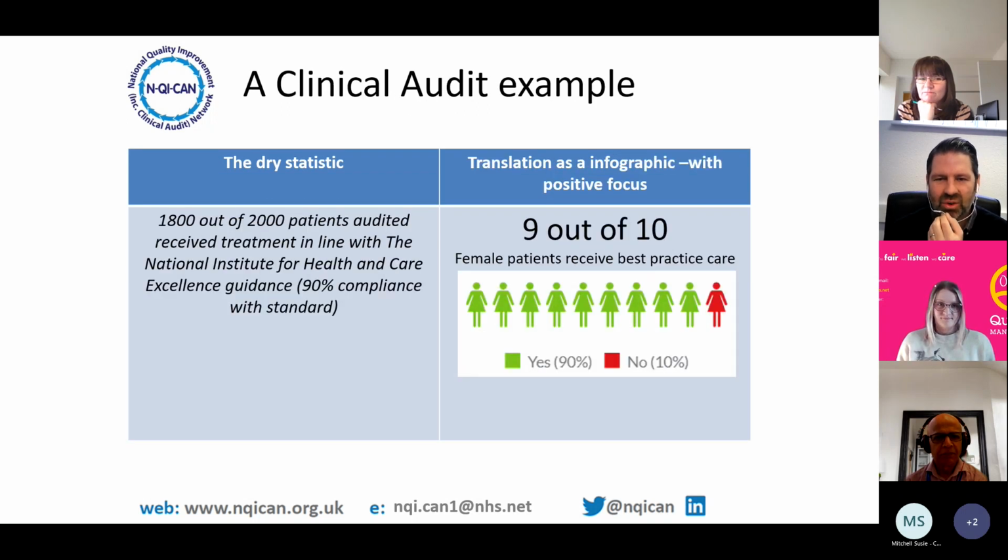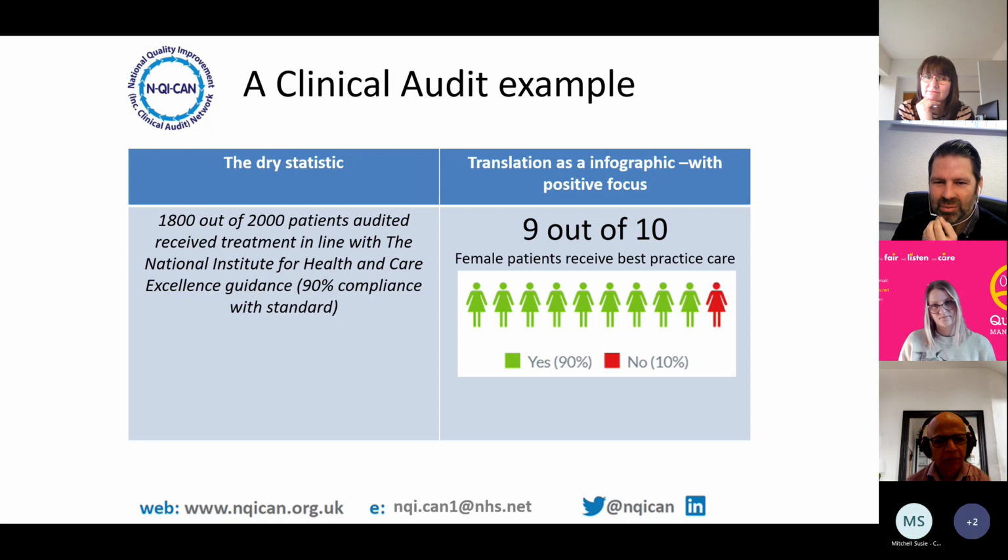So again, in terms of a clinical audit example, the dry statistic might be 1,800 out of 2,000 patients that we audited received treatment in line with NICE guidance, which was therefore 90% compliance with the standard.